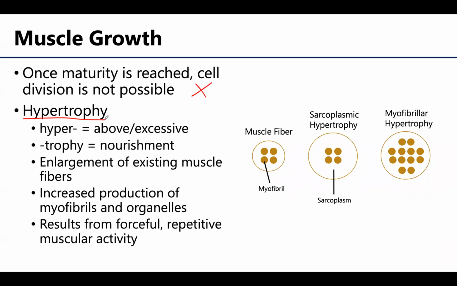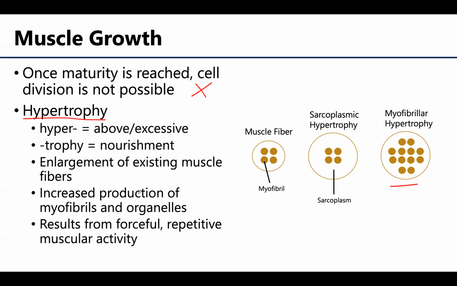This hypertrophy is possible by the increased production of structures in the cell. Most noticeably, what often increases is the amount of myofibrils, and we'll talk about what that is in a moment. But other components of the cell can increase too, such as the sarcoplasm, the sarcoplasmic reticulum, mitochondria, and other organelles.